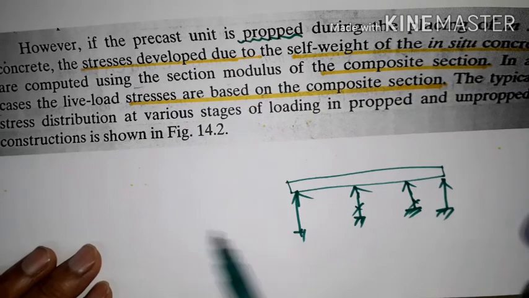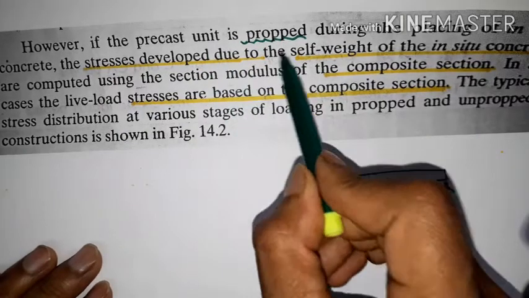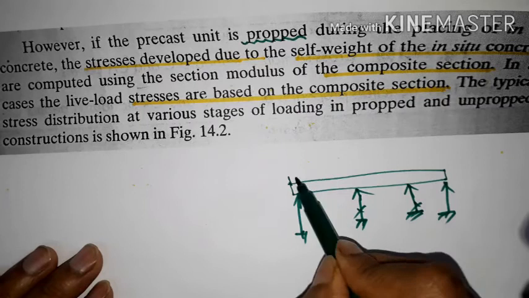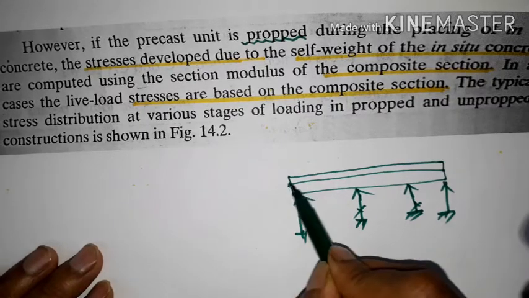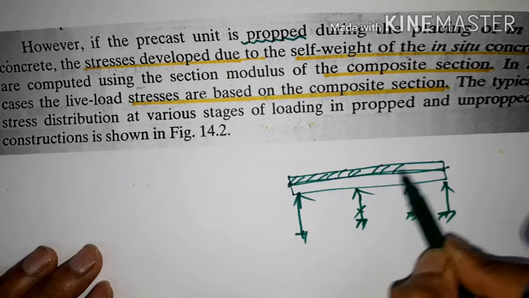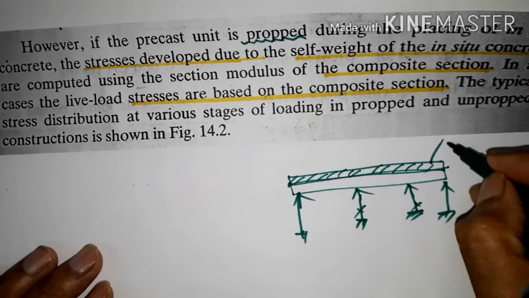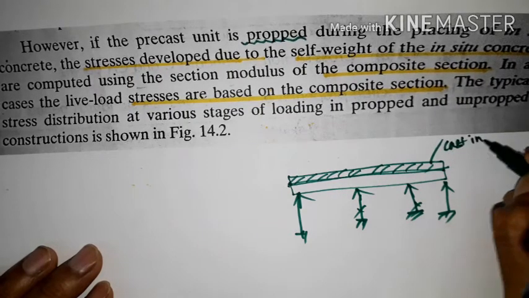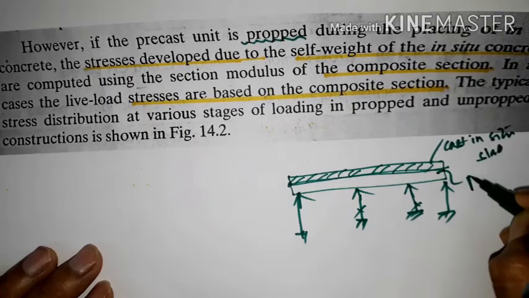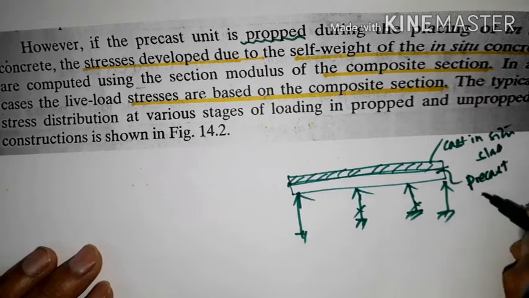Okay, so what they have given: if the precast unit is propped during the placing, now we have to place the concrete here, that is for the slab, the cast in situ slab. See, this is the cast in situ slab, and this is precast. This is precast, this word is very important. This is the precast girder.